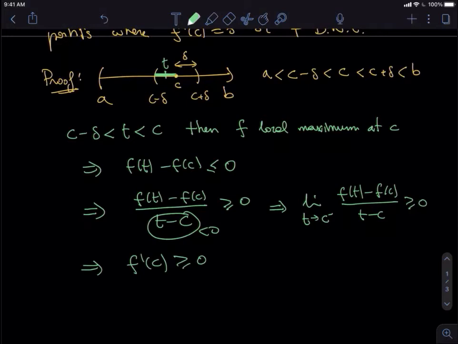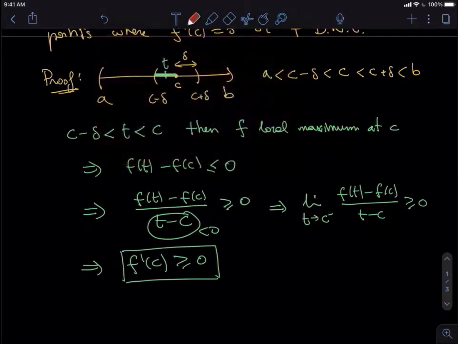Remember we are assuming that the derivative exists, so this one-sided limit actually equals the full limit, which is the derivative. The important thing here is that the derivative is non-negative.